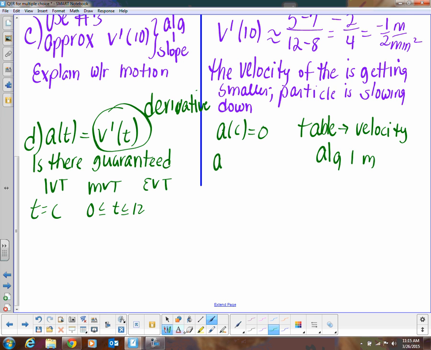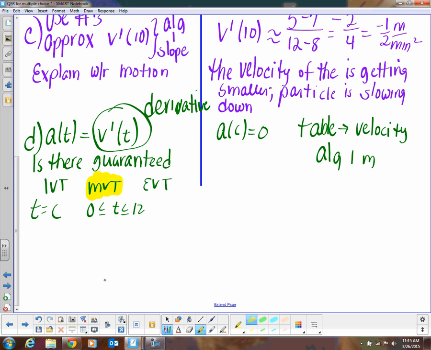Now, you put those two together right now. Derivative, algebra 1 slope, which one is it? Why is it mean value theorem? Remember, does the slope of the tangent line equal the slope of the secant line? All right, so what does that mean?